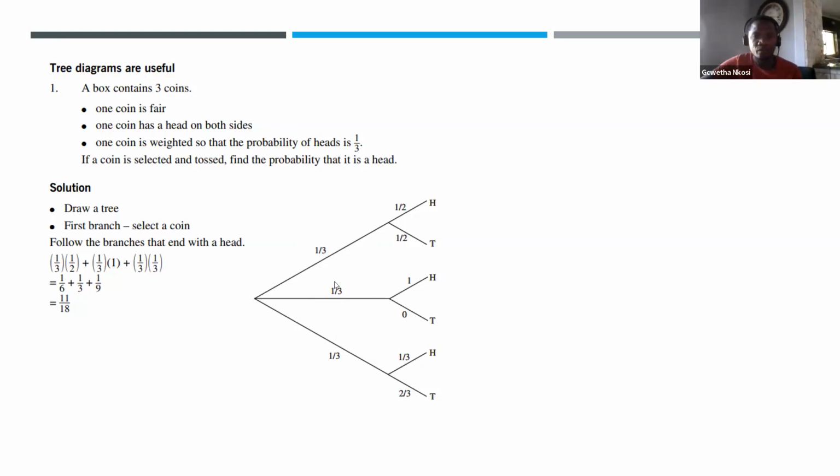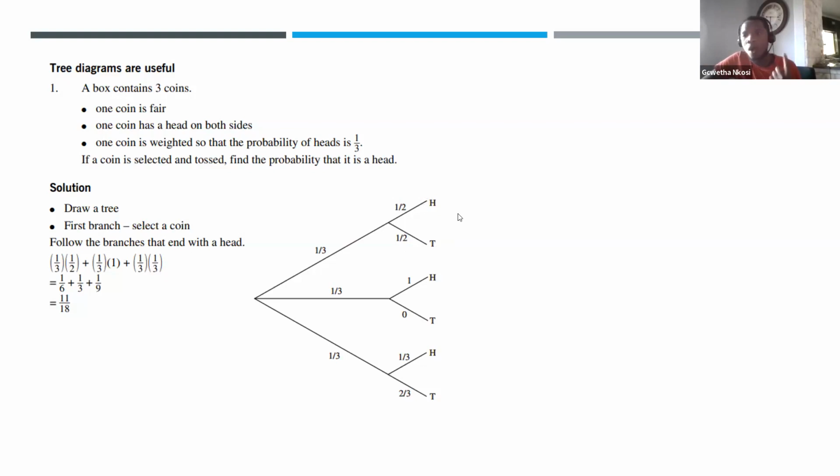Those are your first in line probabilities. Now, in the first branch, they've already given you that one coin is fair. If it is fair, it means that it has one head and one tail. So now this is the probability of the coin.